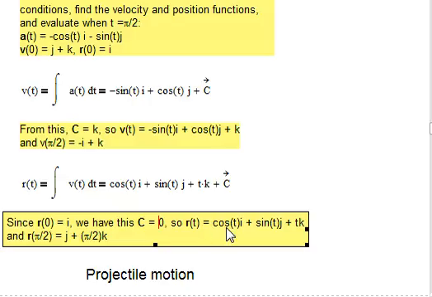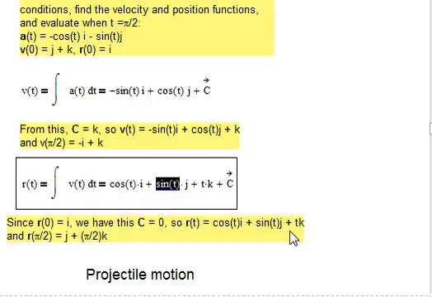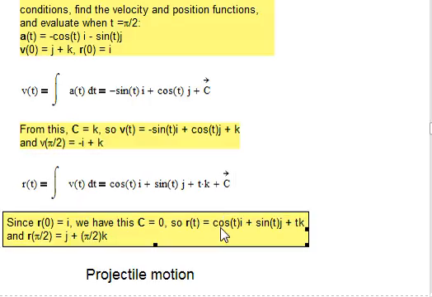So our position function r of t is cosine t i plus sine t j plus t times k plus the 0 vector, and r evaluated at pi over 2, since cosine of pi over 2 is 0, is 0i plus 1j plus pi over 2 k, and hopefully you can see all that.